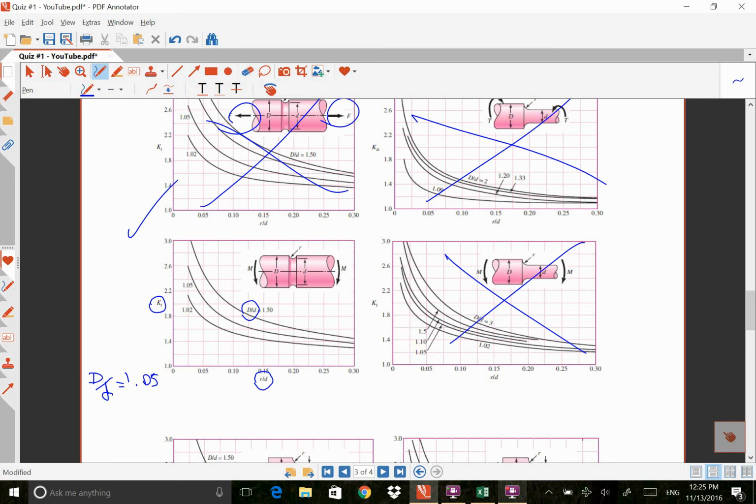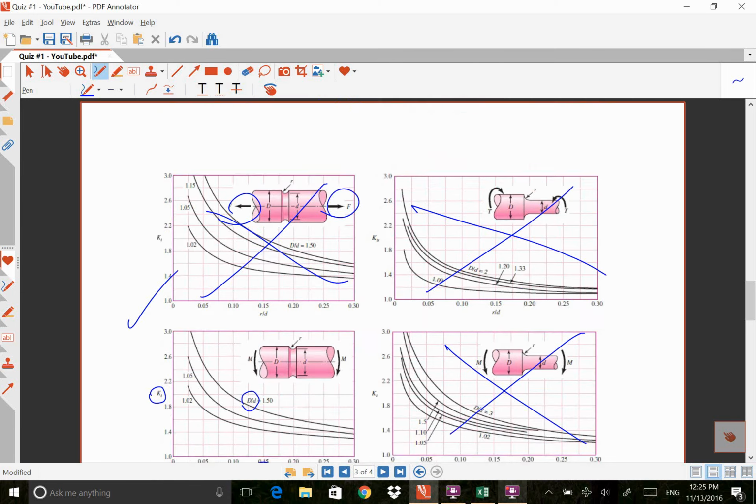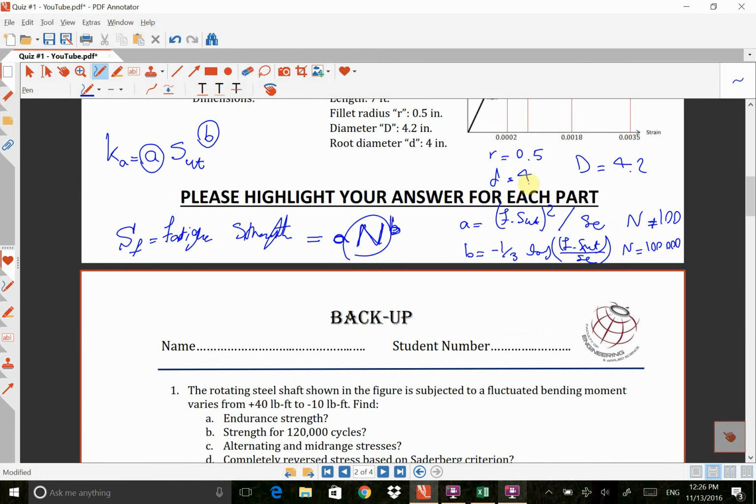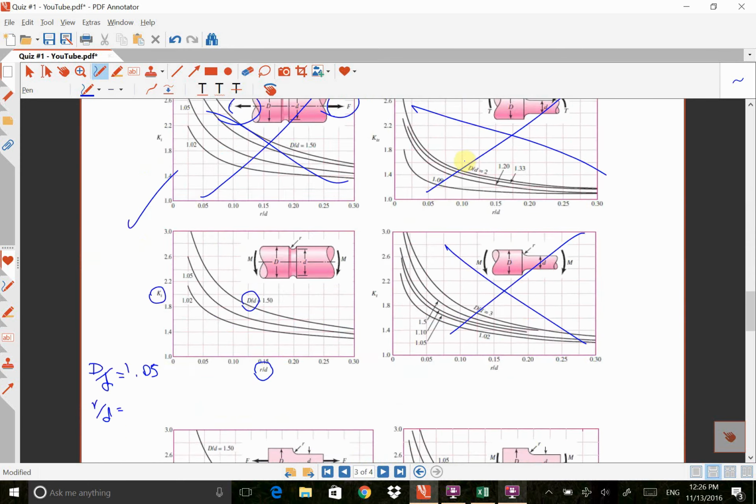So we're in this line, and R over D, and how much was R? R was 1 over 2, D is 4, so that will be 1 over 8.